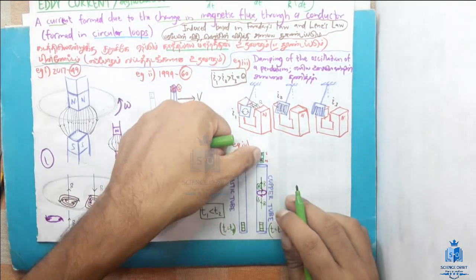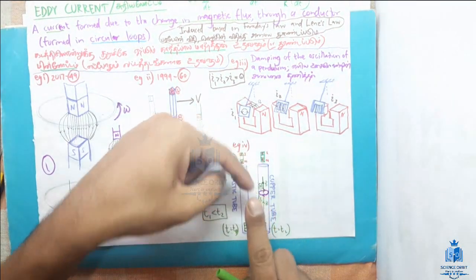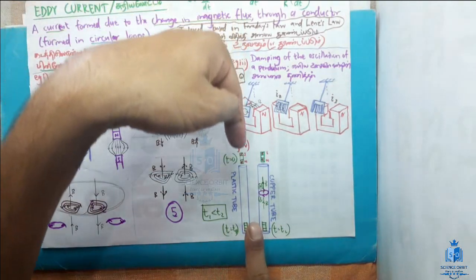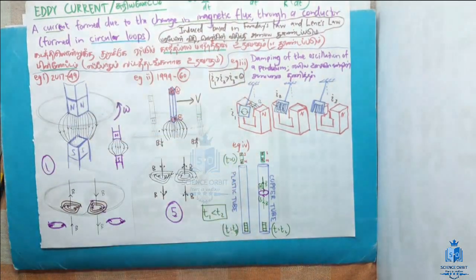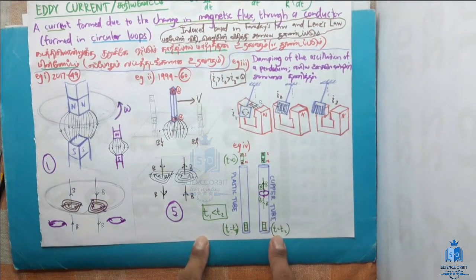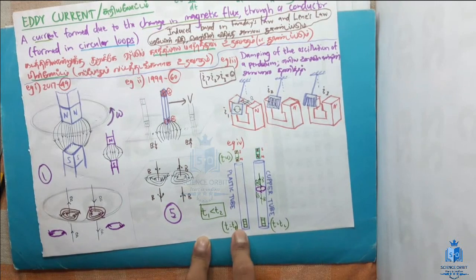So it's like north pole is coming towards the north pole. Then what will it do? North pole and north pole will repel each other. So even though it falls down, as it falls down, there's a repulsion, so it will slow down. So it will reach after some time. It won't reach as fast as this. I hope you understood that.